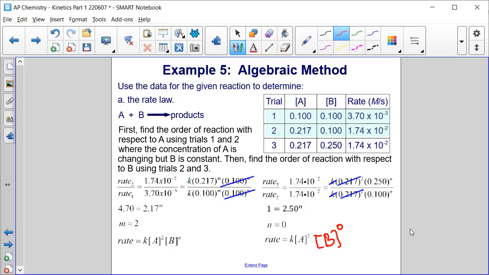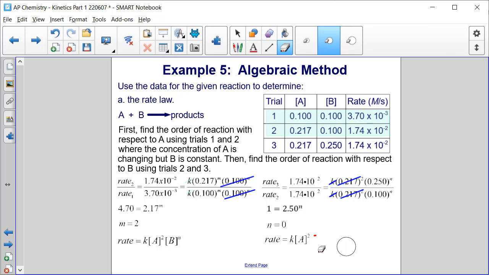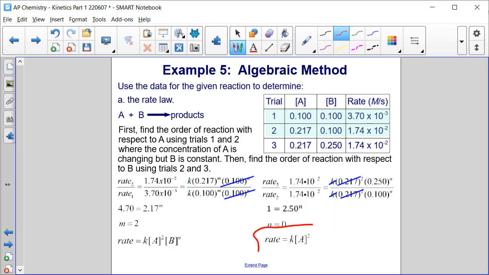So this whole thing will always simplify to 1. And we're always just multiplying by 1. So we don't need to write that. That's why it doesn't show up in the overall rate law. And for our overall rate law, we get K times the concentration of A squared. The rate is equal to K times the concentration of A squared.